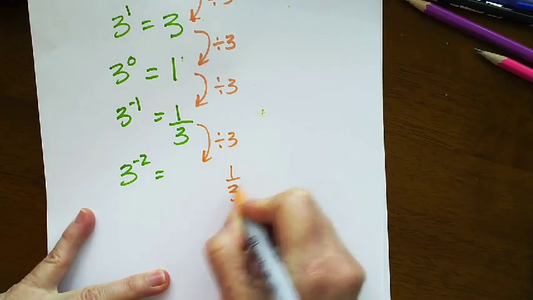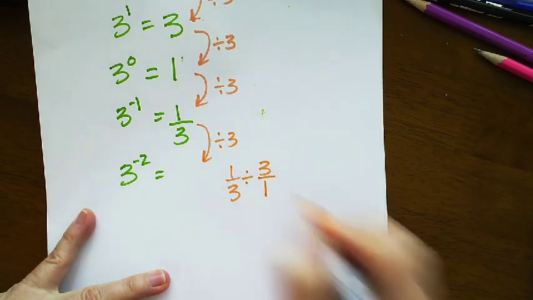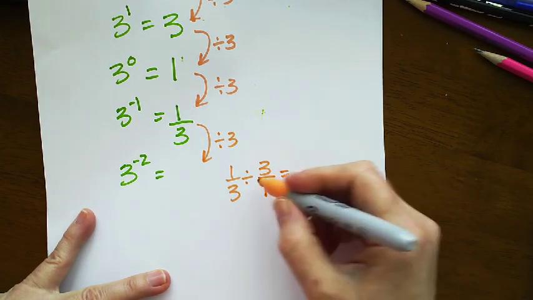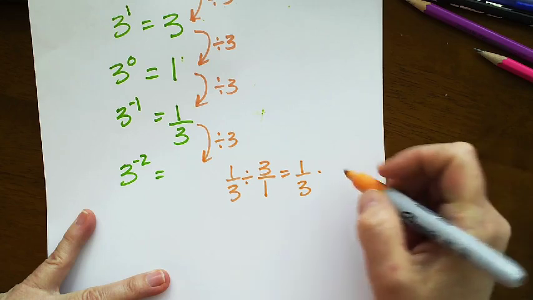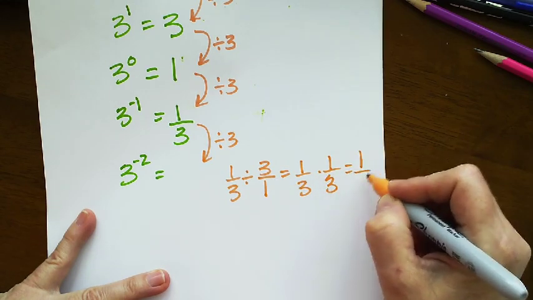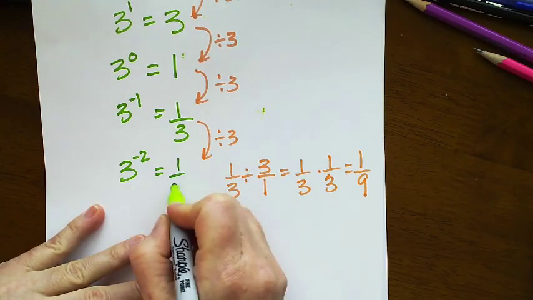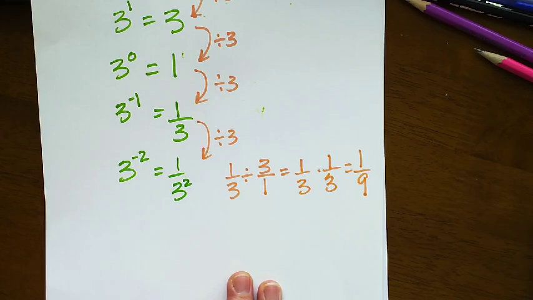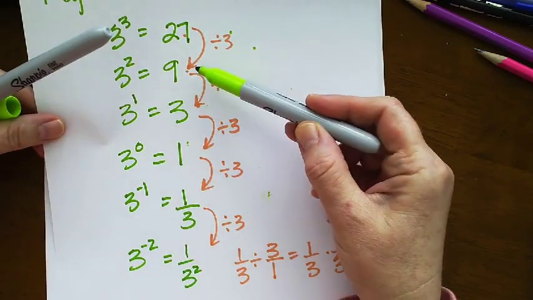Well, 1/3 divided by 3 is 1/3 divided by 3/1, which many of you learned how to do, copy-flop, in middle school. Change it to multiplication, flip your denominator, so that'd be 1/9, which is 1/3 squared.